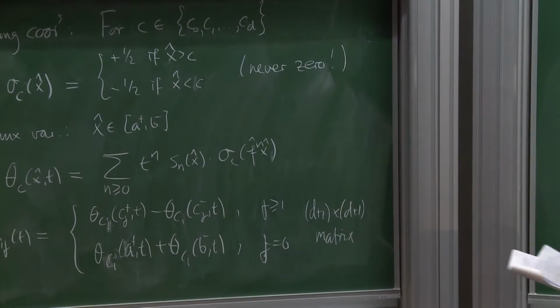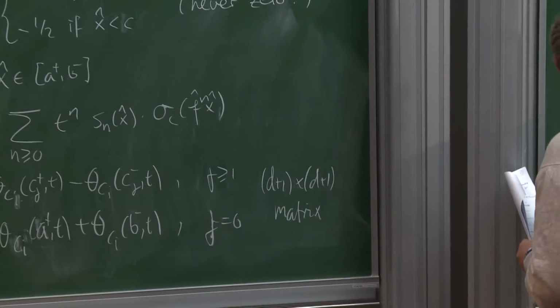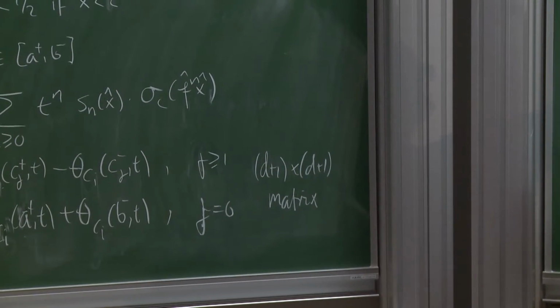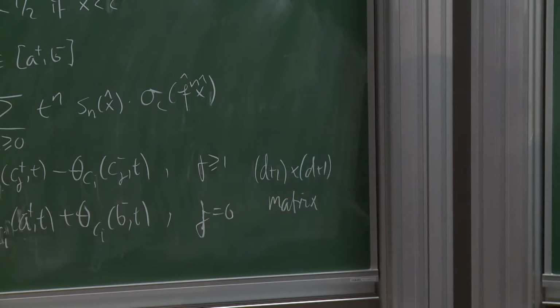And then it happens that the Milnor-Thurston determinant of t is the determinant of this matrix.